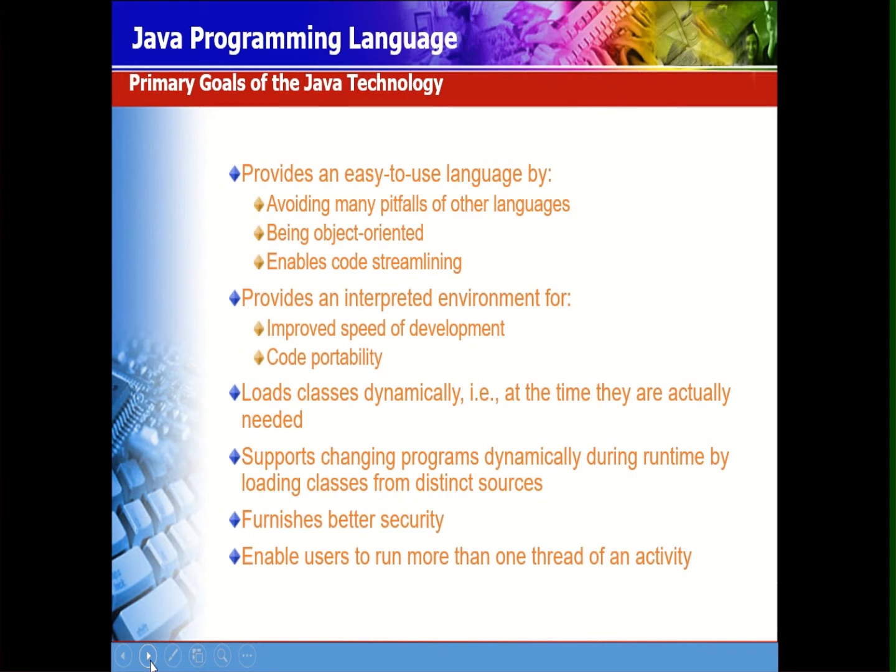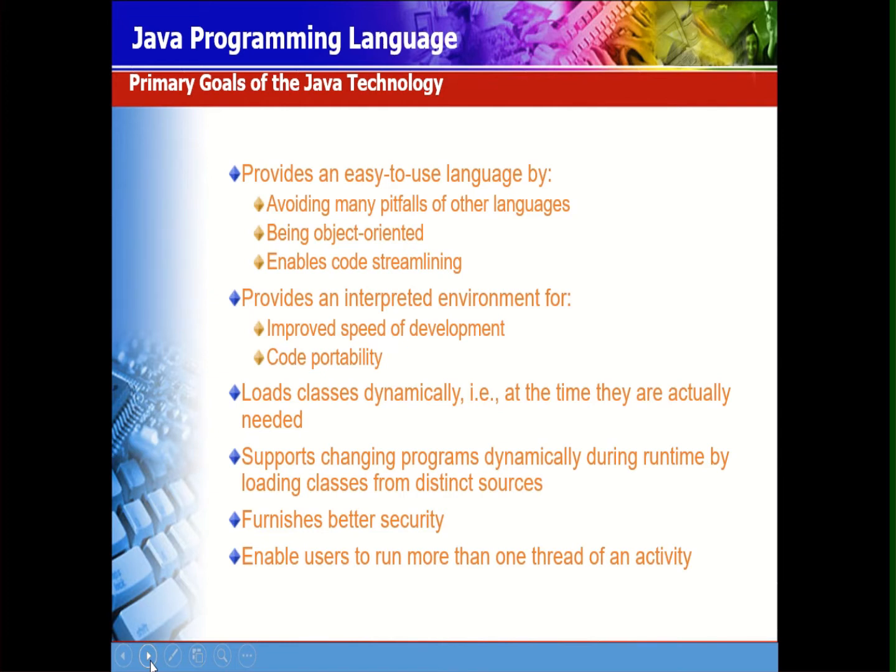The primary goals of Java technology are providing an easy to use language by avoiding many pitfalls of other languages, and being object oriented, which is an important feature of the Java programming language and enables code streamlining.